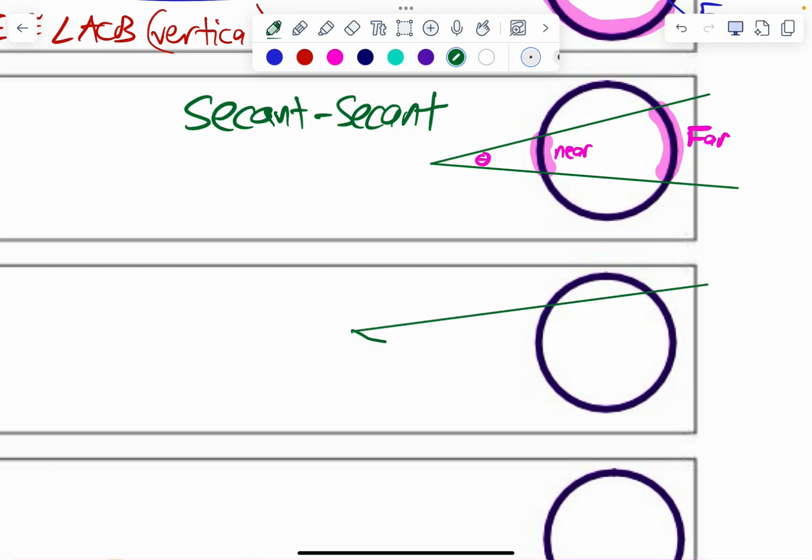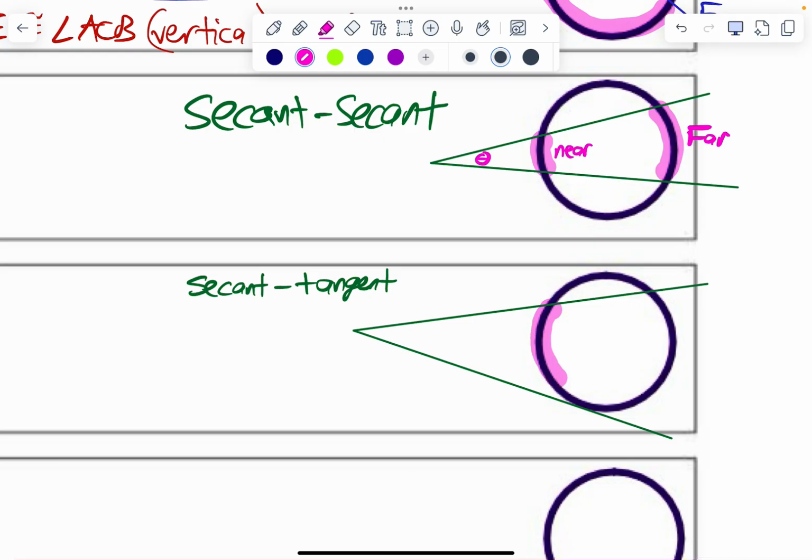We're going to have a secant tangent pair. Again, we're creating a near and a far arc.